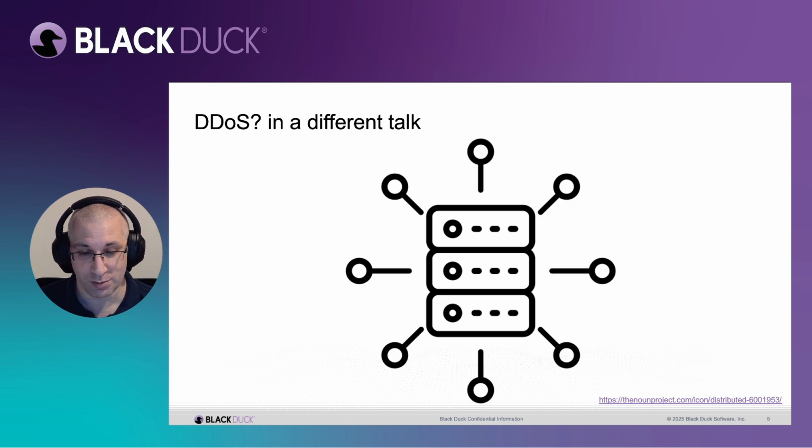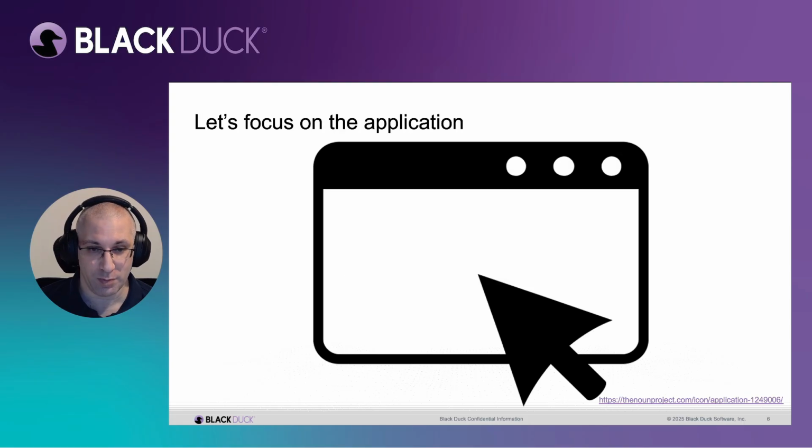Since this is Extreme.js, and I want to talk about Node.js, let's focus on the application and the DoS attacks that are relevant in the Node.js world and how we can easily prevent them.